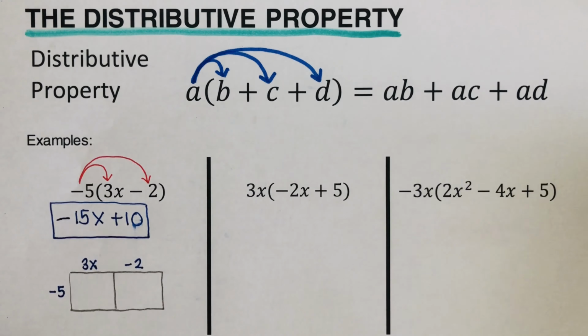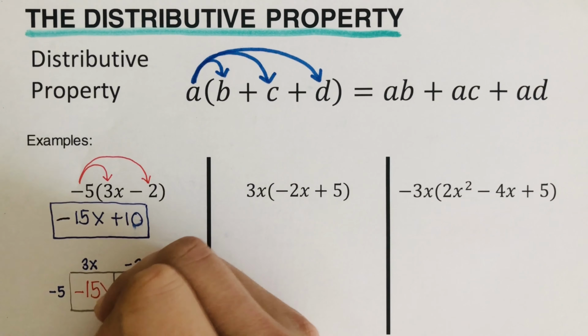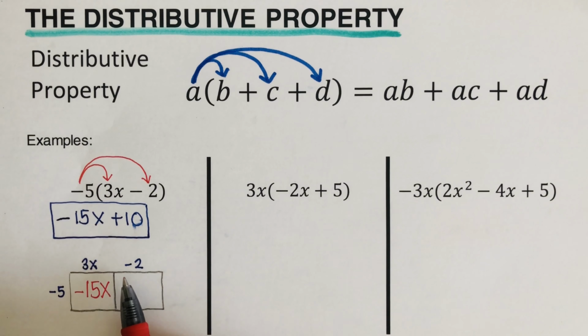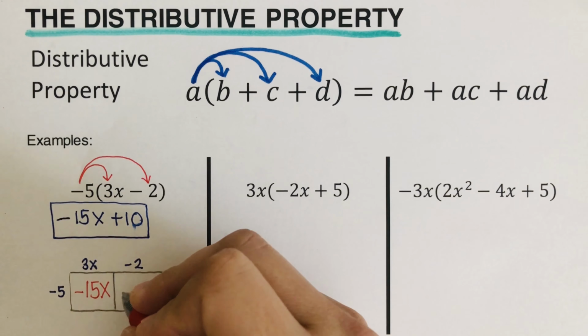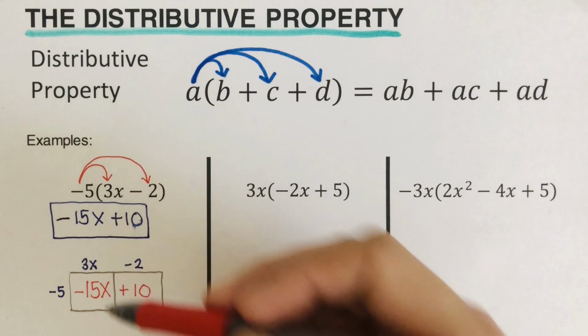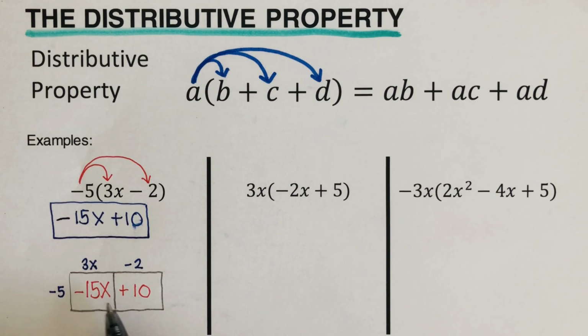Then we multiply them. So 3x times -5 is -15x, which is pretty similar to the first term that we got using the distributive property. And then -2 times -5 is a +10. So the answers are both the same, using the distributive property and using the area model.